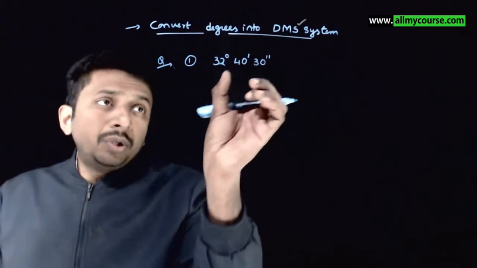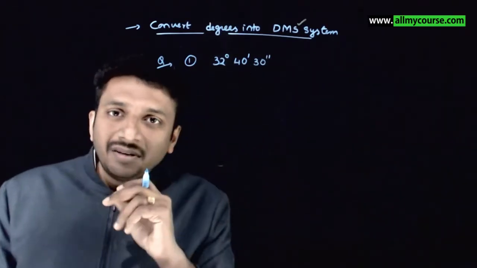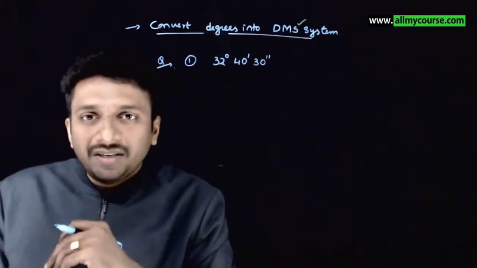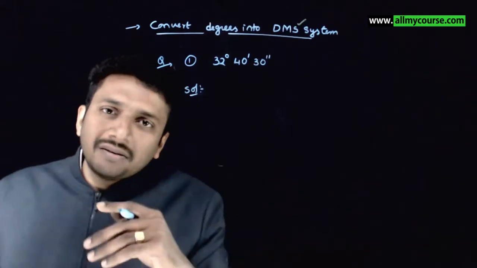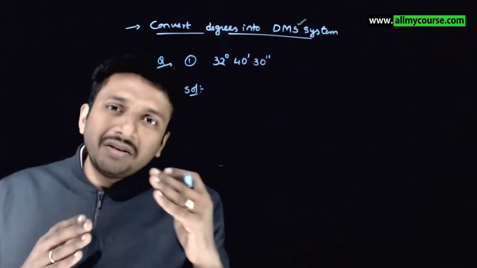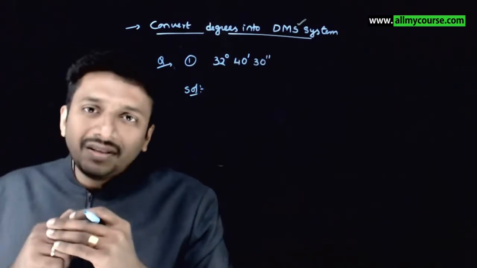And if you want to do the reverse of this, that is, if you are given an angle in the DMS system and want to convert it completely into the degree system, what you do is the reverse of what we have done there. In that process, we consecutively multiplied with 60. So here you need to divide consecutively by 60.